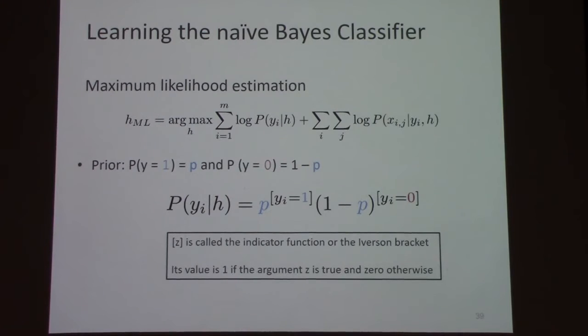In order to do that, I need to define this function p of y given h in terms of this value p. I'm going to introduce this idea which we've not seen before called the indicator. The indicator is something fairly trivial. It's called the indicator function. It's also called the Iverson bracket. It's simply a function that takes a number.